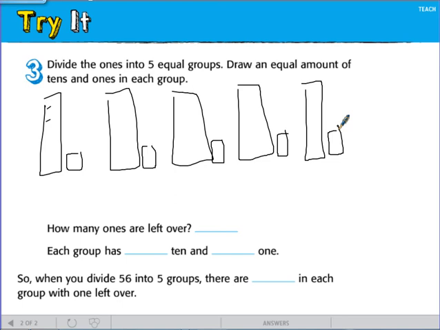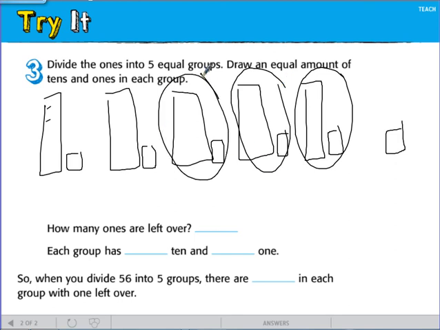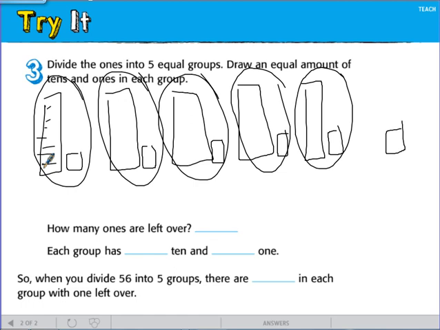What did you guys say I had? A remainder. So that one's going to be over here by itself. So I have all these. Okay. You guys want to draw yours better when you're doing yours. That's 1, 2, 3, 4, 5, 6, 7, 8, 9, 10. Okay, that should work. So how many 1s are left over?